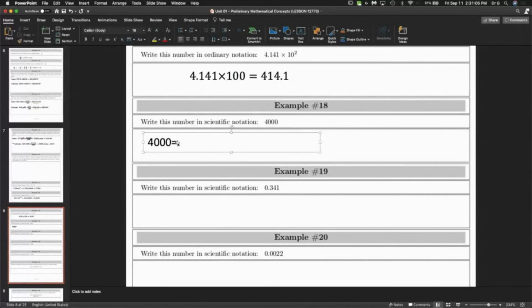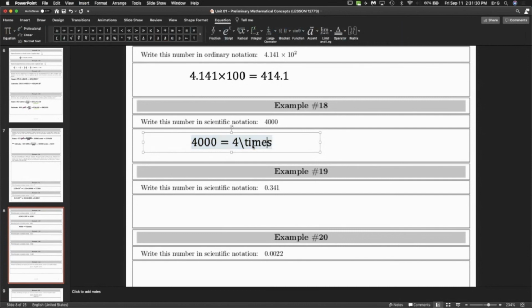Let me break it down for you guys. Remember I said in scientific notation, the number that goes in the front has to be between 1 and 10, but not including the 10. So what's a number between 1 and 10? How about 4? And then put some stuff after that.